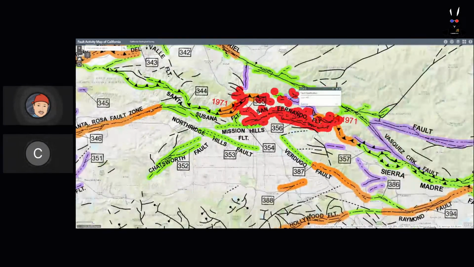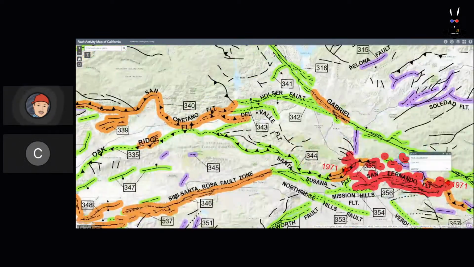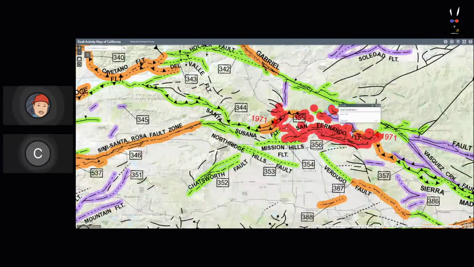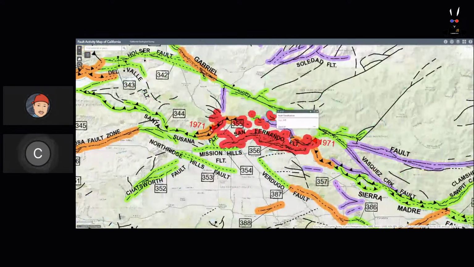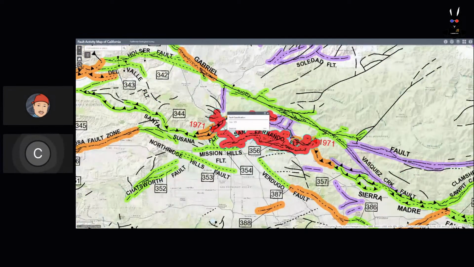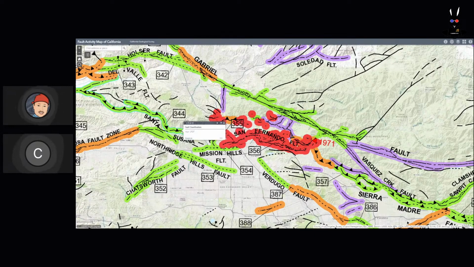Right here's the Oak Ridge Fault, the Santa Susana Fault. And the Simi Santa Rosa Fault can make sevens because I looked up this study on it, and the last time it made a 7+ was 1350.